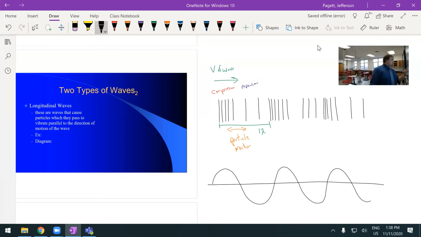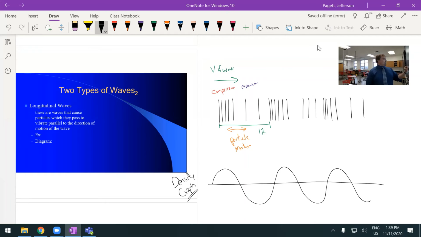And so your density graph actually looks very much like a transverse or a sine graph. And so just like with our ones before, with any wave source that vibrates with simple harmonic motion, we'll create a sine graph. Now, the longitudinal one doesn't look originally like a sine graph, but once you change it to the density, there's that sine graph that we talked about before.